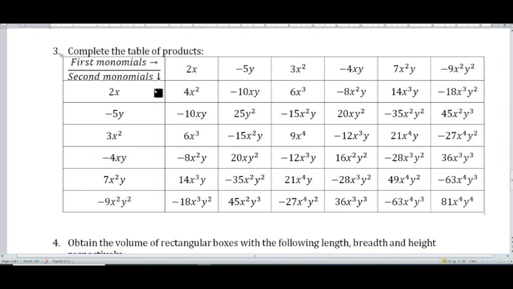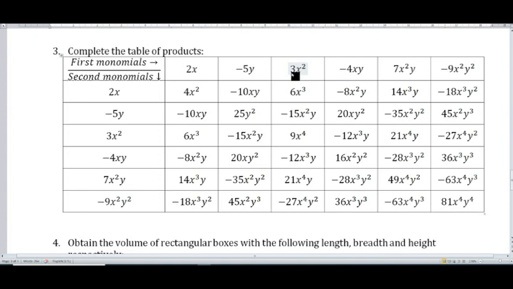So we will multiply as it is here: 2x into 2x, 2 2s are 4, x into x, x square. Now you have to multiply 2x with minus 5y, 2 5s are 10, minus will be carried on, xy. 2 into minus 5 is minus 10xy.